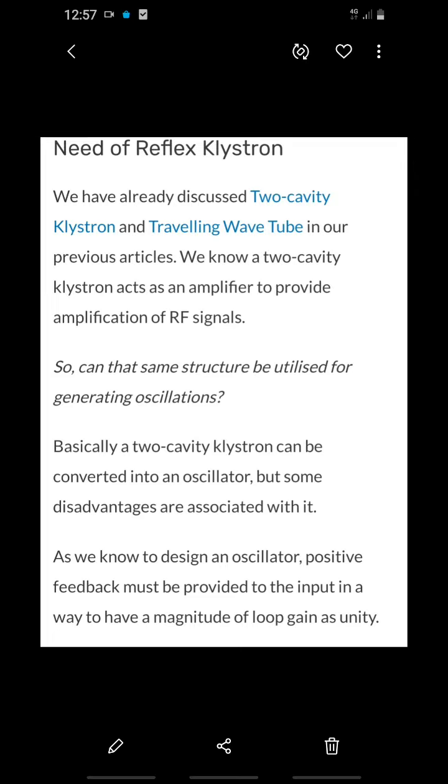So, can that same structure be utilized for generating oscillations? Basically, a two cavity klystron can be converted into an oscillator, but some disadvantages are associated with it.